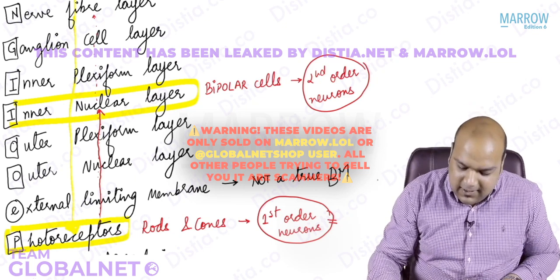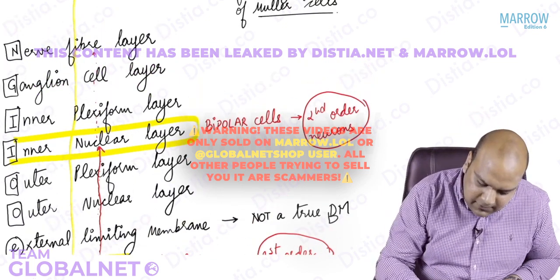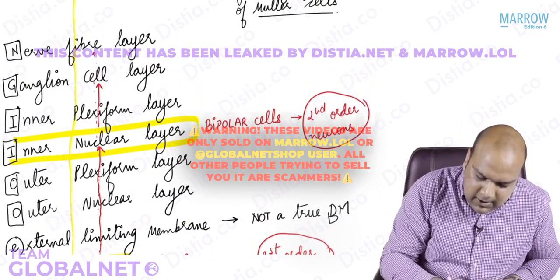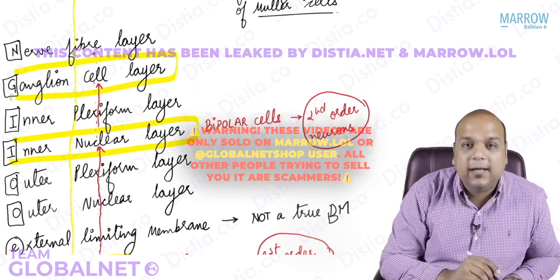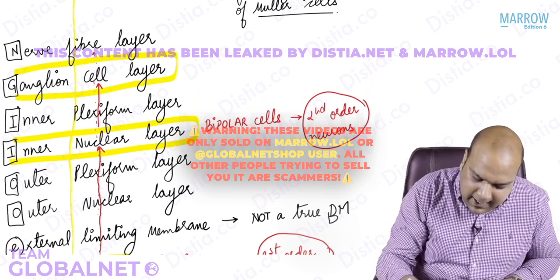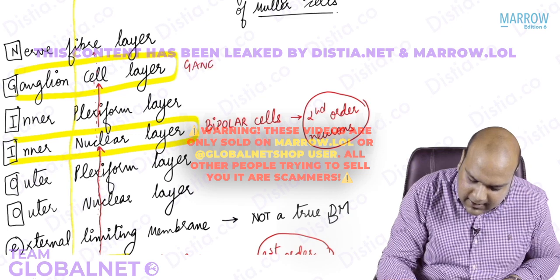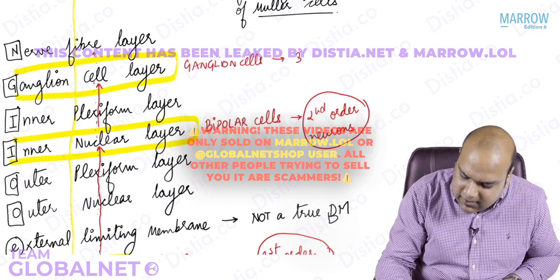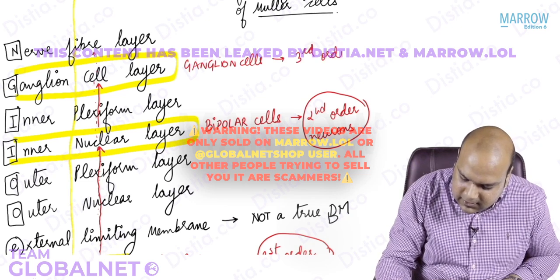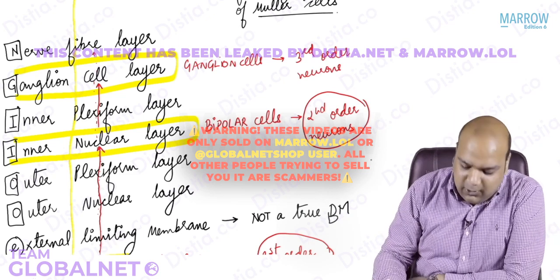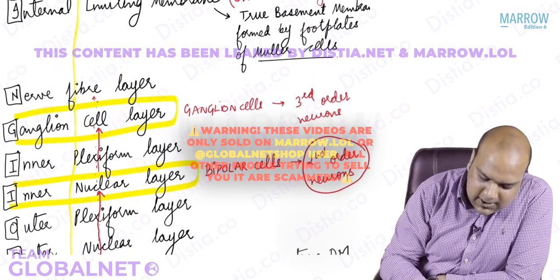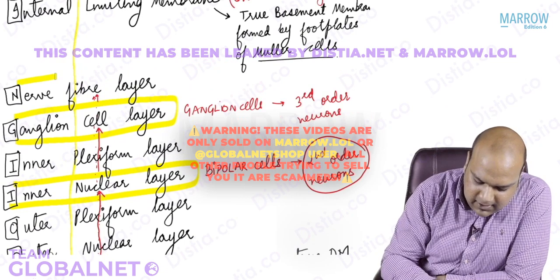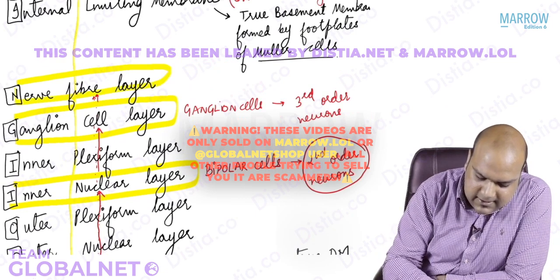Now, the bipolar cells transmit further up to the ganglion cell layer. Ganglion cell layer, by the name is clear, consists of ganglion cells. So, ganglion cells are our third order neurons. Okay, everybody. Now, the visual impulse from the ganglion cell will go into the nerve fiber layer. I hope we understand this.